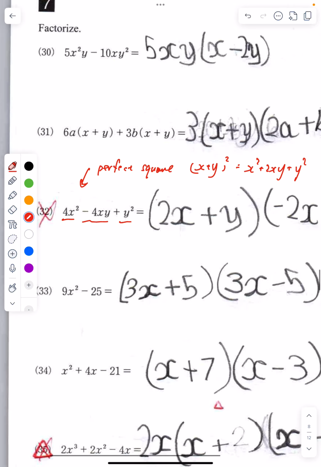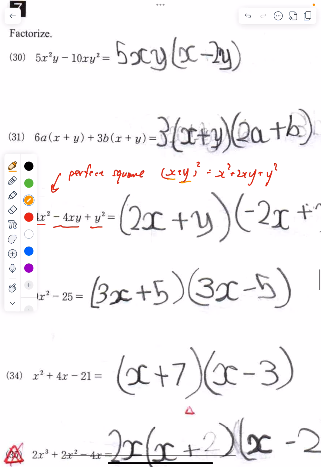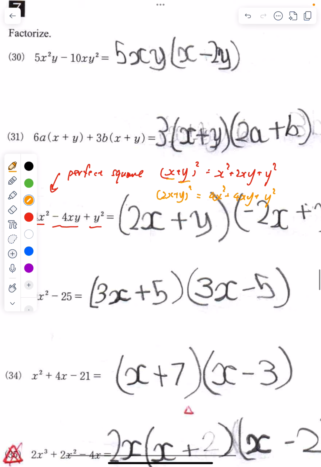Let's see if I change things inside in terms of x and y. If I change the x into a 2x, let's see what happens. If I have 2x plus y to the power of 2, this will become 4x squared plus 4xy plus y squared, because you will see that the coefficient change corresponds to what's changed inside.